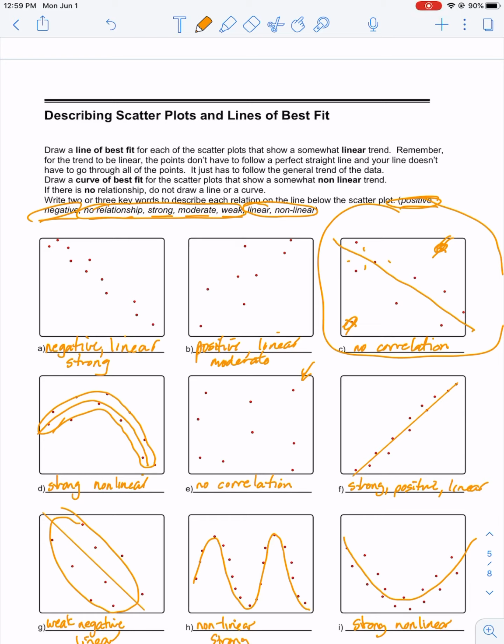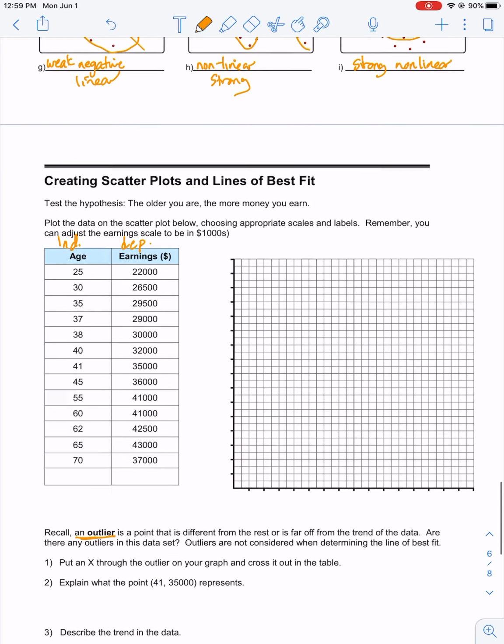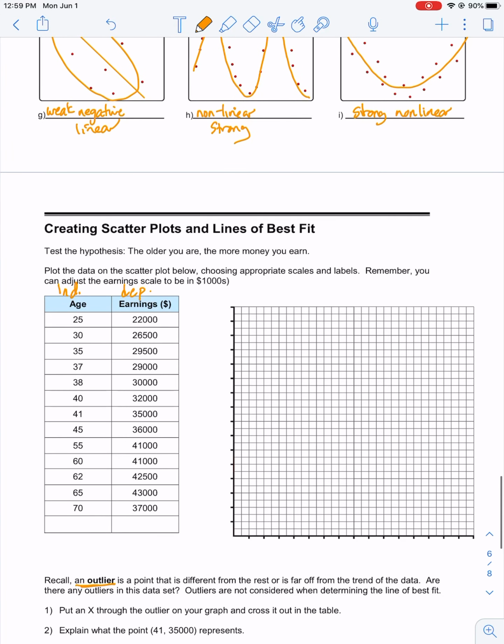If I had some more data like this, so there's more points, and then I had this one out here and this one out here, I would definitely say those are outliers and I would get rid of them. I would just cross them off of the data set before doing any calculations.